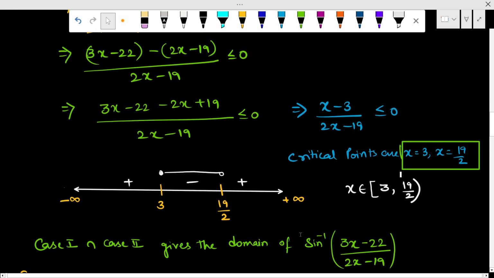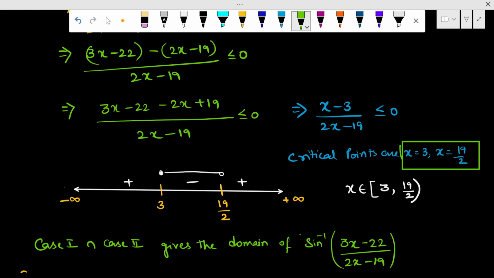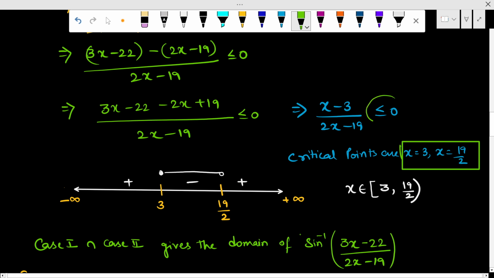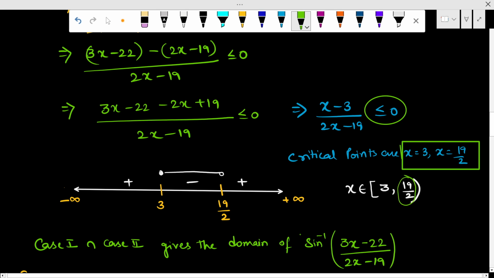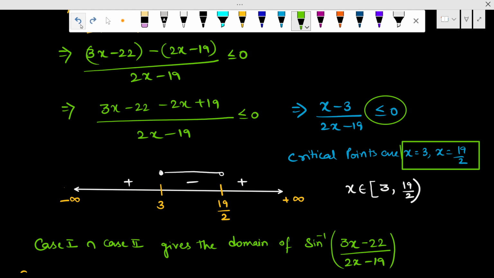Then you use the wavy curve method, plus minus plus, and you see your interval. This is basically negative, so we take the negative portion, right? So x belongs to the closed interval 3 to open interval 19 by 2. Now why is this the open interval? Because we cannot have the denominator as 0, right?